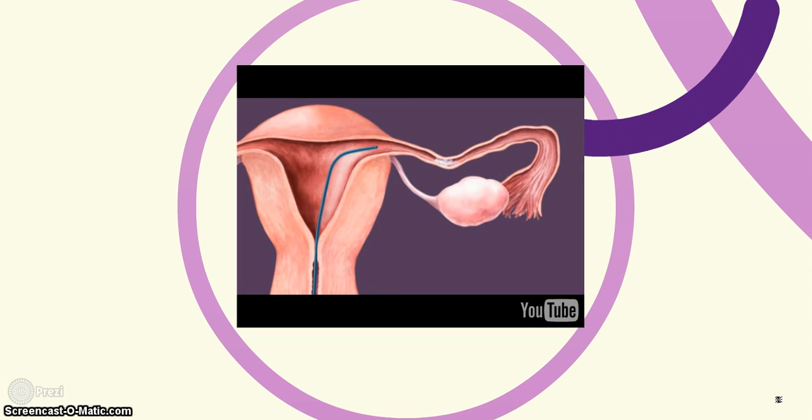A thin guide wire is placed through the catheter, pushed directly through the blockage and out the opened end of the fallopian tube. A small microcatheter is then fed through the first catheter and over the guide wire out the fallopian tube. Dye is sent through the microcatheter.